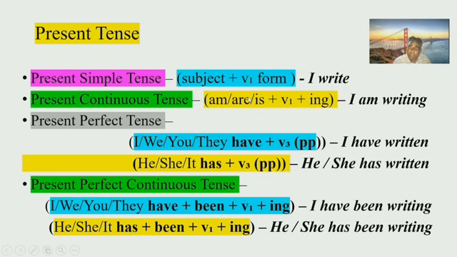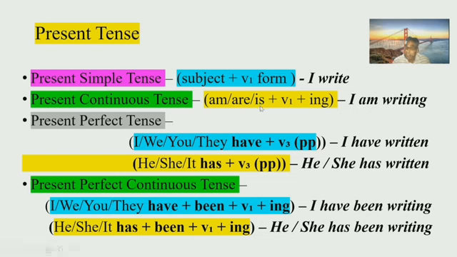So here the structure is subject will be there, followed by be form. So these are called be forms. So there is a word called be, and this be you will be changing, you will be converting according to the sentence. So if it is first person, you make it am, be will become am. If it is second person, you singular or plural, it becomes are, and even for they it becomes are.